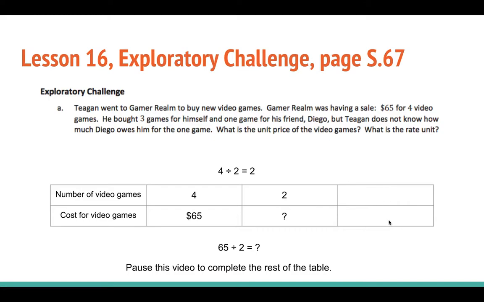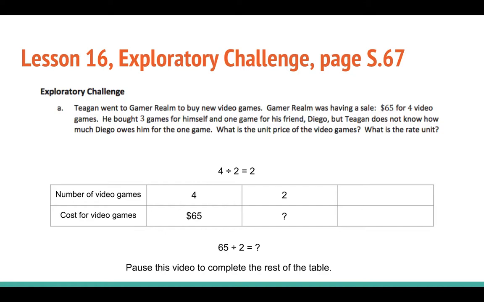But remember, you're also looking for the rate unit, right? We are looking for the cost of game, so the dollars per game, right? So if you're listening to this, you know that I've already given you the answer to what is the rate unit, okay?